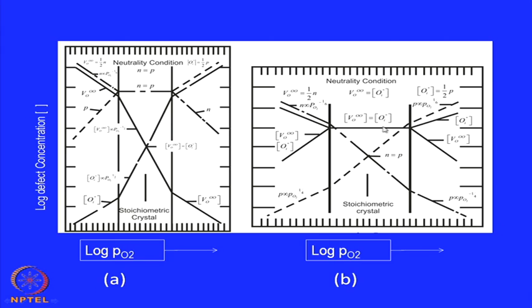This is PO2 independent region where the compensation is ionic compensation, whereas here it is also PO2 independent, also this is a small region, but the compensation is electronic compensation, right. So, what it basically means is that this is the stoichiometric crystal written here, this is a stoichiometric crystal, this is also a stoichiometric crystal.